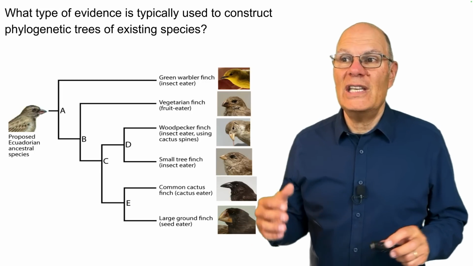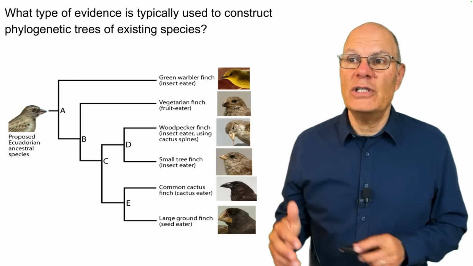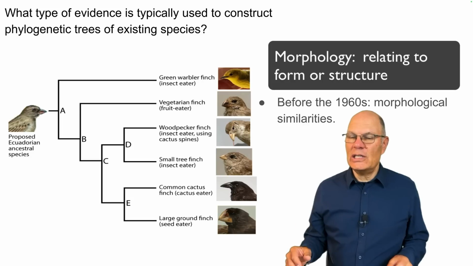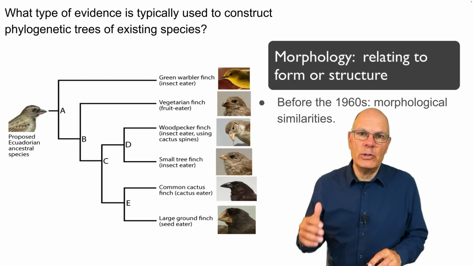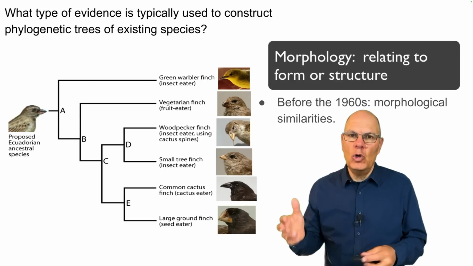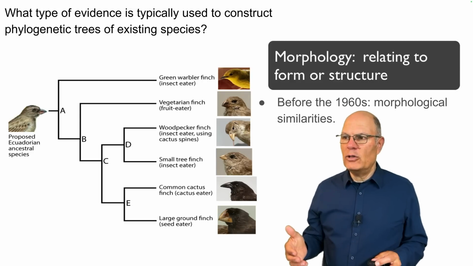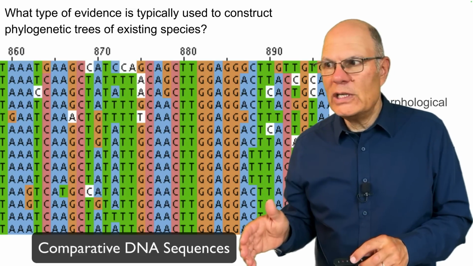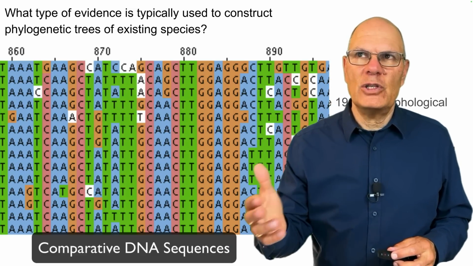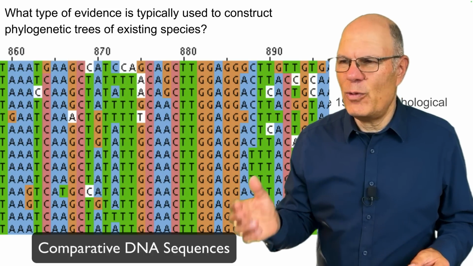What type of evidence is typically used to construct phylogenetic trees of existing species? Before the 1960s, morphological similarities were what biologists used to determine who was more closely related to whom and thereby construct phylogenetic trees. But more recently, post-1960, remember Watson and Crick figured out the structure of DNA in 1953.